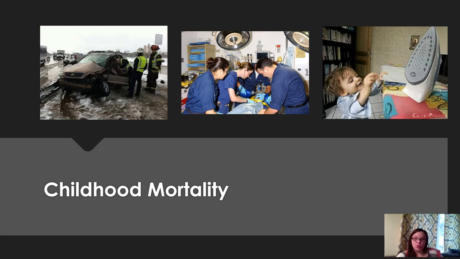What's interesting too, and I don't remember what date this was from, childhood mortality is lowest in the age range of 5 to 14. So I want you to ponder that as you finish out the readings and things for this week and we move into next week with that growth and development piece more in depth. 5 to 14, that's a pretty big range when we're talking about birth to 18 is where we're looking for the pediatric age range.